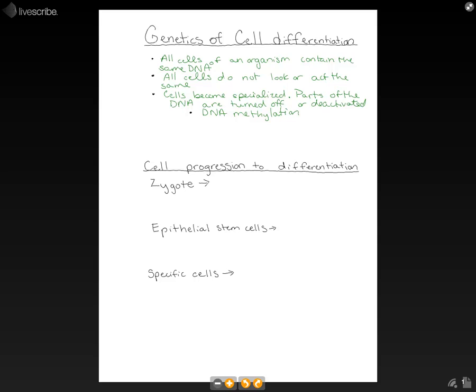So we start as a zygote, that's our fertilized egg, which is a totipotent cell. Looking into the meaning of totipotent, that means it has the ability to become any body cell.